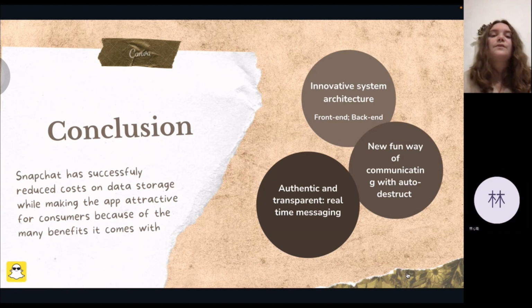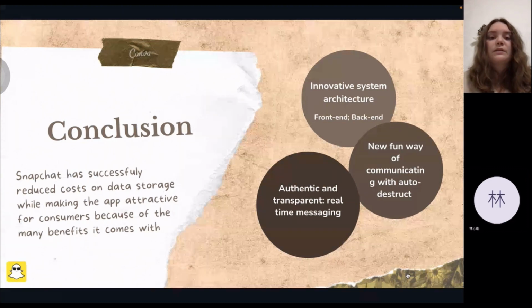So they have successfully reduced the costs of data storage, and they still managed to make the application attractive for its users. They made it a fun and easy way to communicate, and it's authentic and transparent real-time messaging.